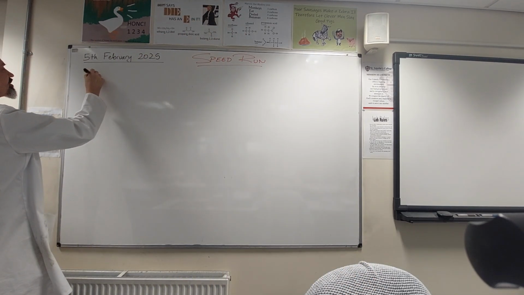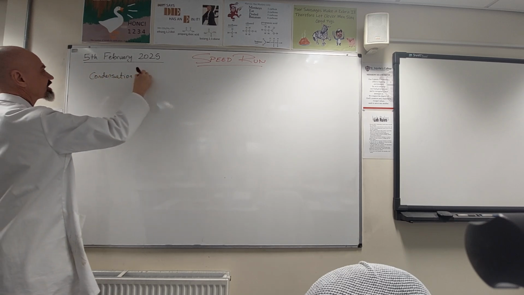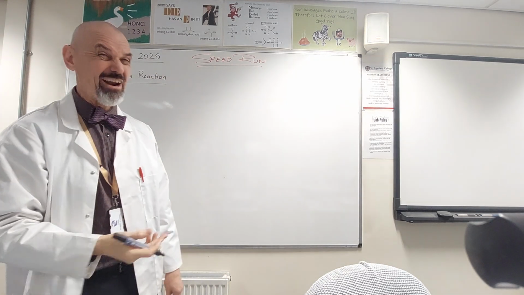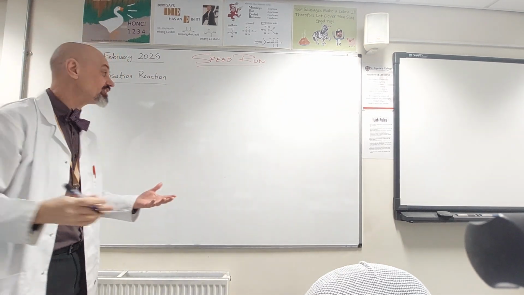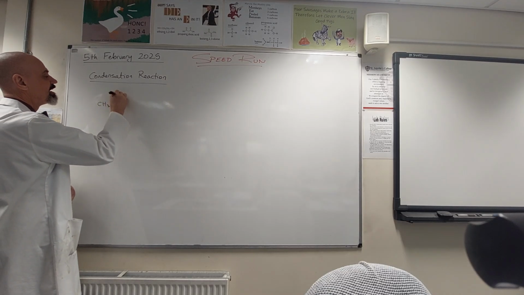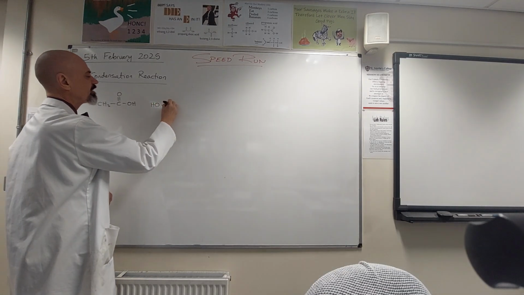The type of reaction we're talking about here is called a condensation reaction. You could call it esterification as well, but a condensation reaction is any reaction where we take two largish molecules, they're not that large, are they?